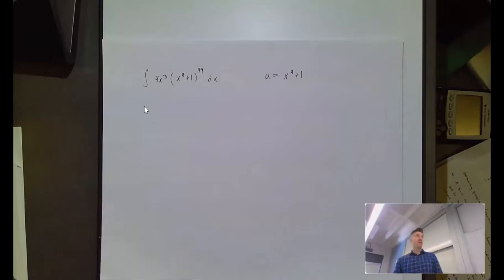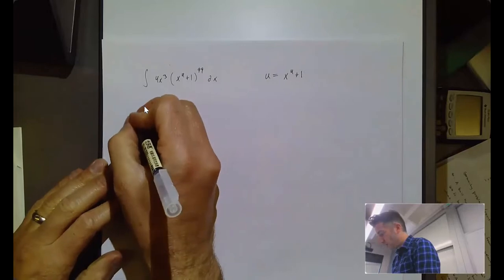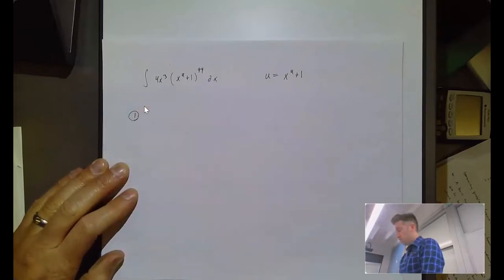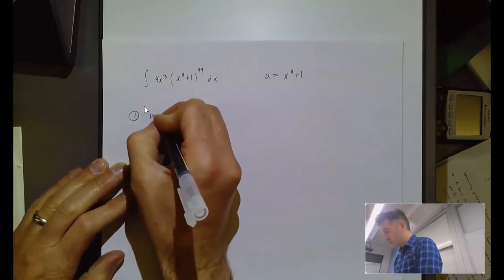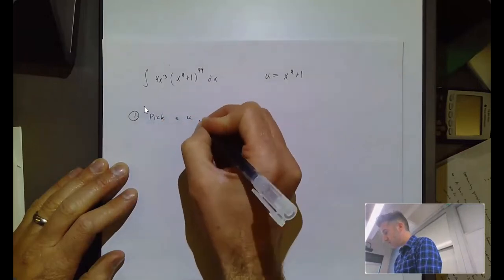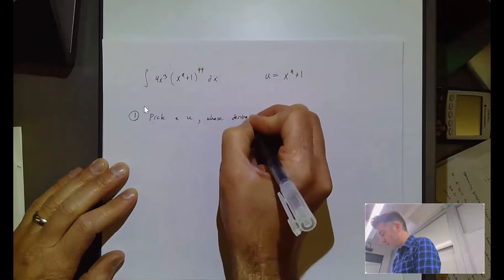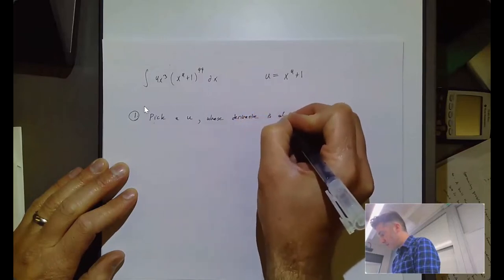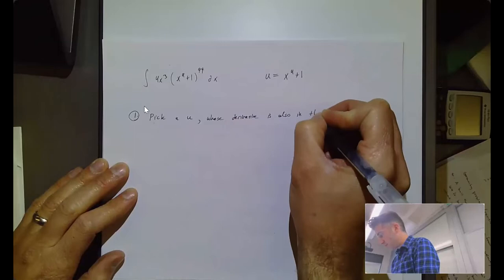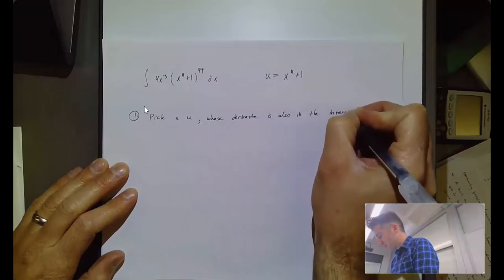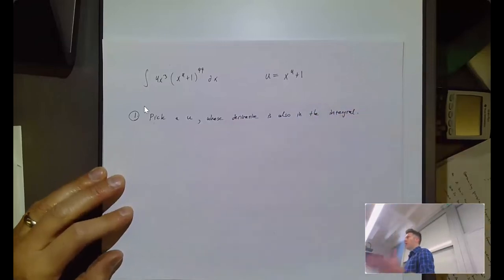Let's talk about why this is a good choice. There are 2 things to look for when you're picking u. You want to pick a u whose derivative is also in the integral. Well, great, we did it.